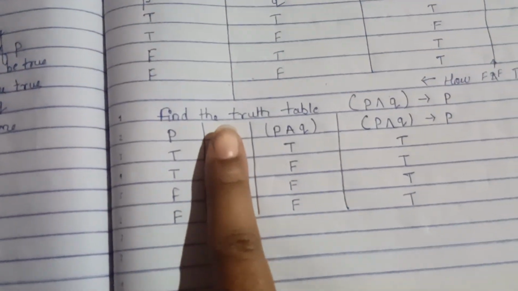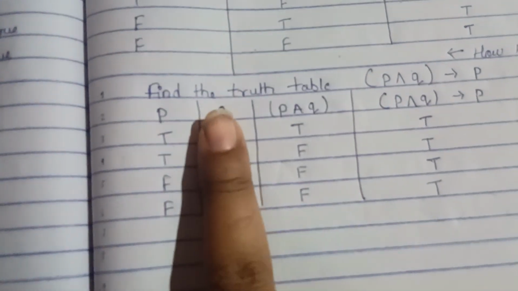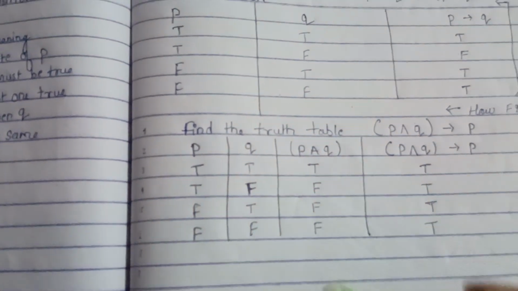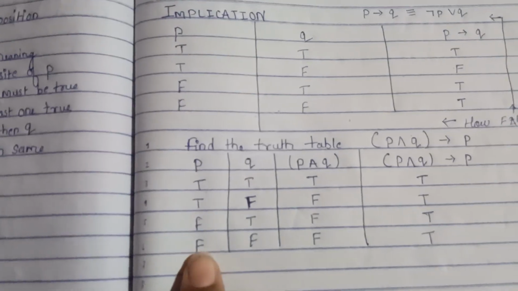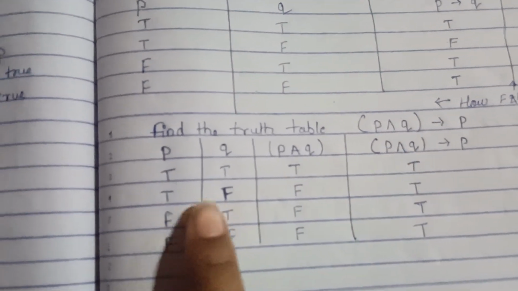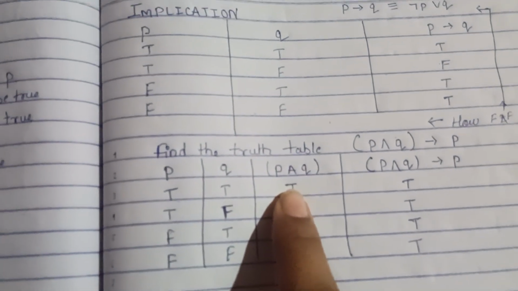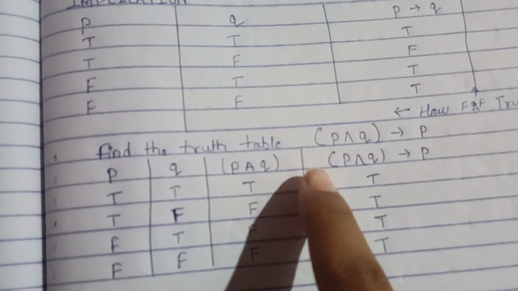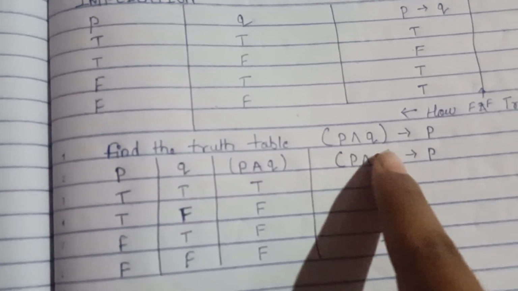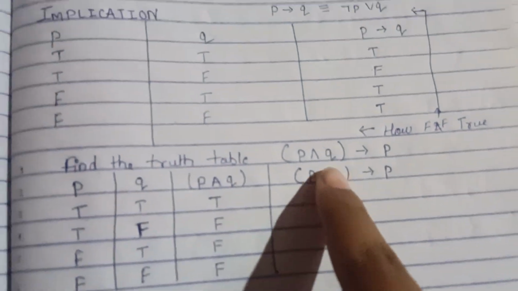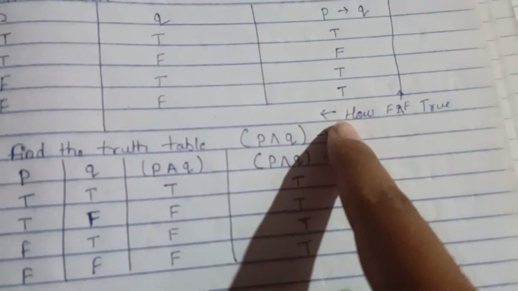We are combining these tables, but ignoring the Q column. So this is now our P, and this is our Q in the implication.